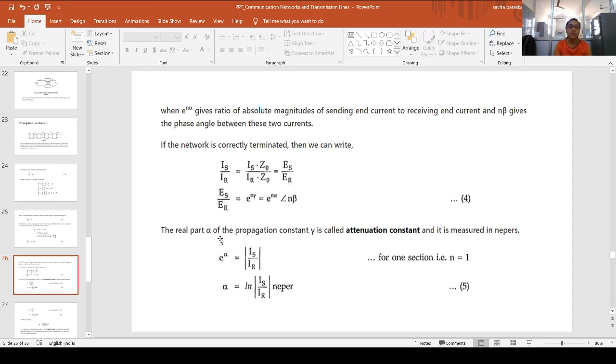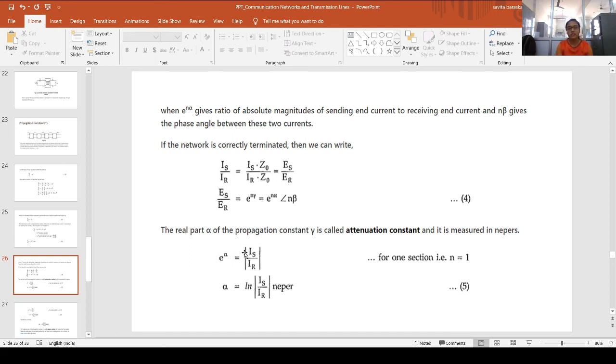So the real part of the propagation constant gamma is denoted by alpha, and it is called the attenuation constant and measured in Nepers.